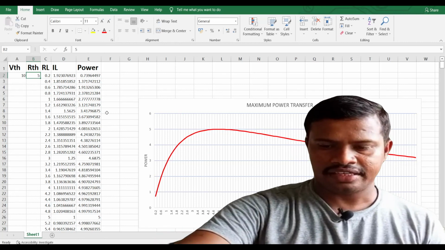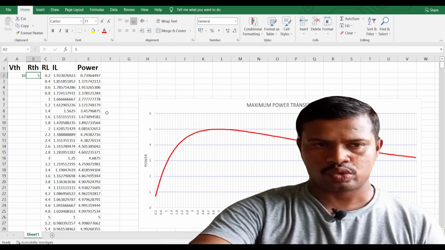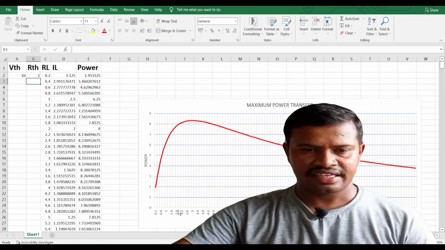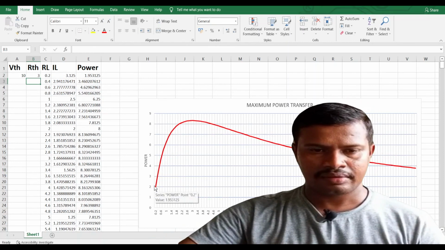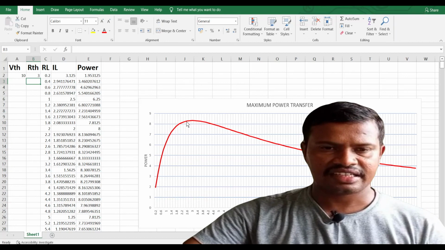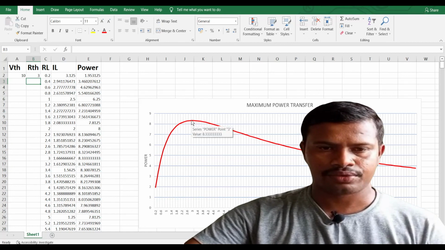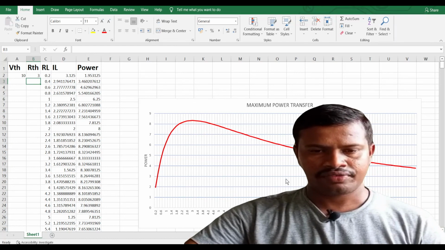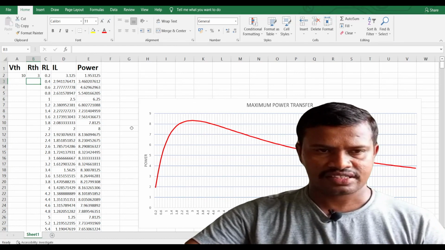To verify it, if you enter the source internal resistance as 3 ohm, we can see that the power delivered by the source increases until it reaches the point of 3 ohm. Thereafter it starts dropping with further increase in the load resistance.